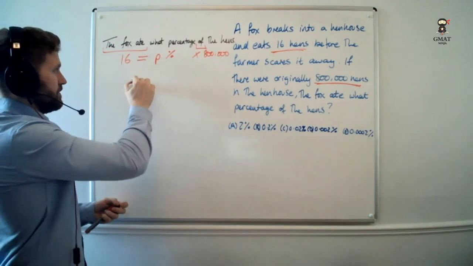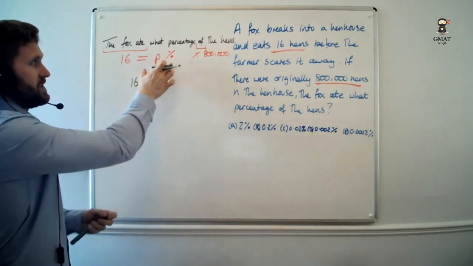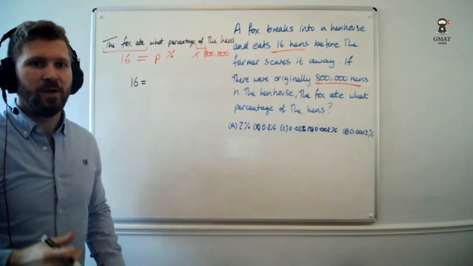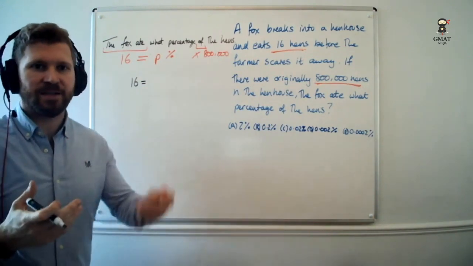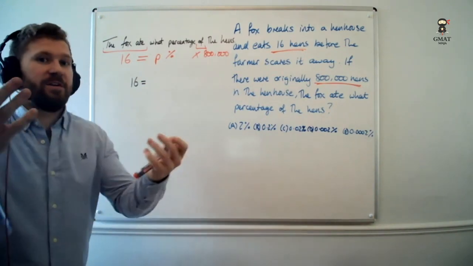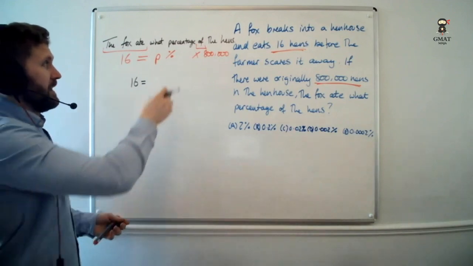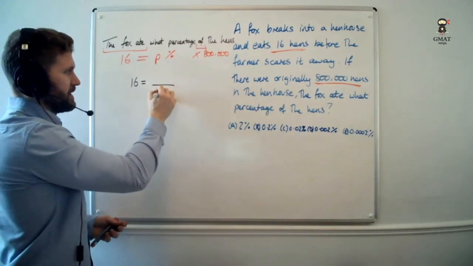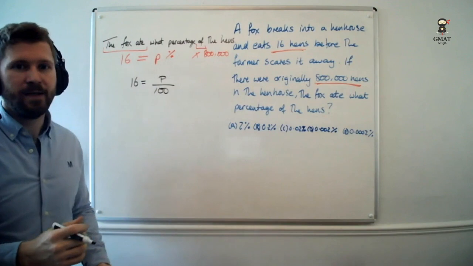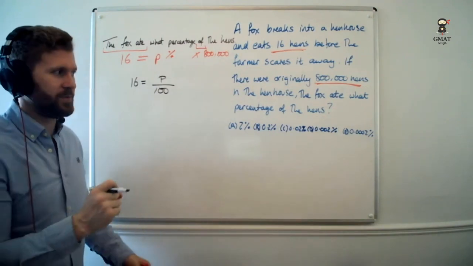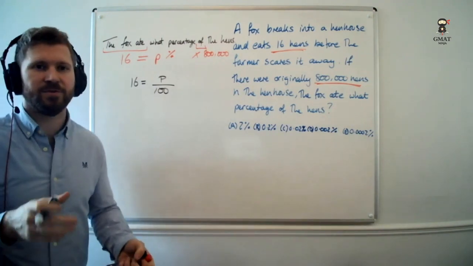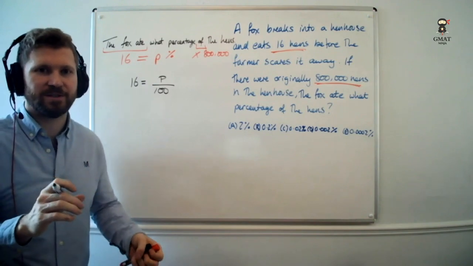So the 16 doesn't change here. The only real change is this bit, P%. Whenever you see something like P%, X%, R%, 10%, 5%, whatever it is, that percent means you're going to put something over 100. And that's very important. This is one of the areas where lots of our students make small, unnecessary mistakes.